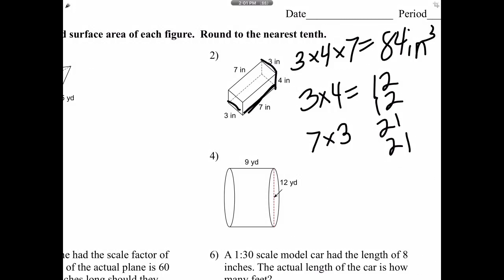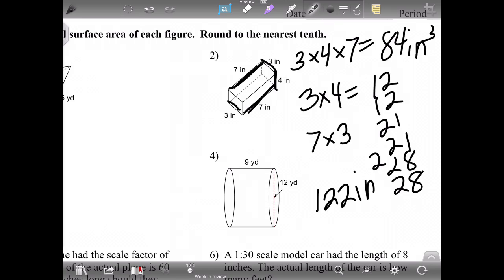And then we have 4 times 7, which would be 28 and 28. So if we add those all together, 24 plus 42 plus 28 plus 28. So 122 square inches. Okay, that's the surface area.